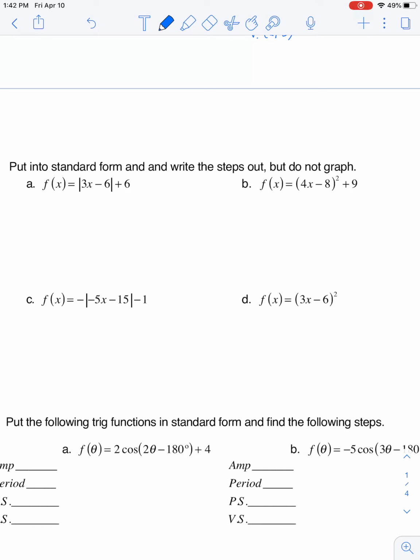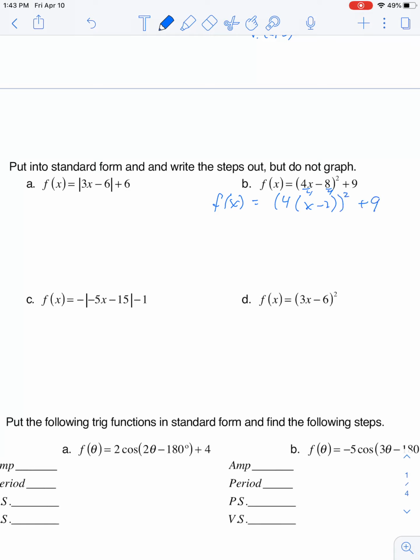And again, the first thing we want to do is within the parentheses, I'm going to take that 4 and factor out from those 2. I'm basically dividing those both by 4. And that'll leave me with 4 times x minus 2, that whole thing is squared plus 9.